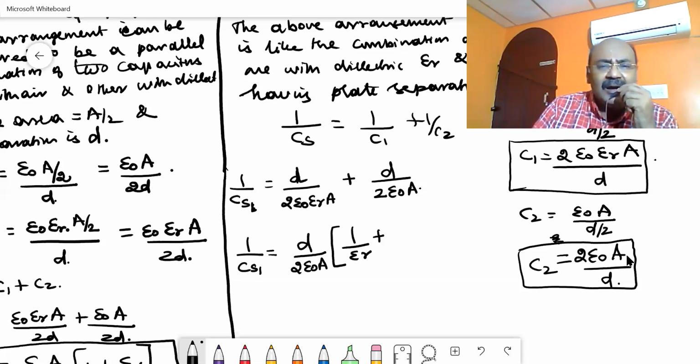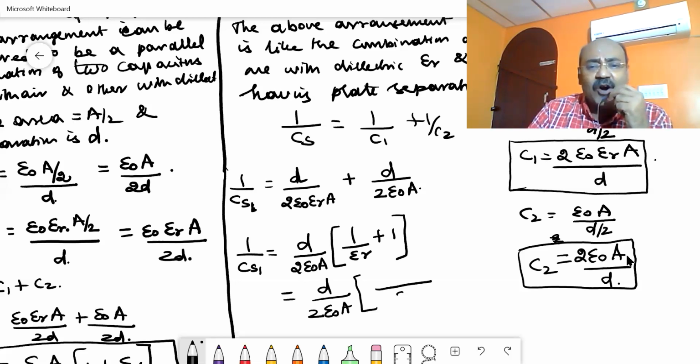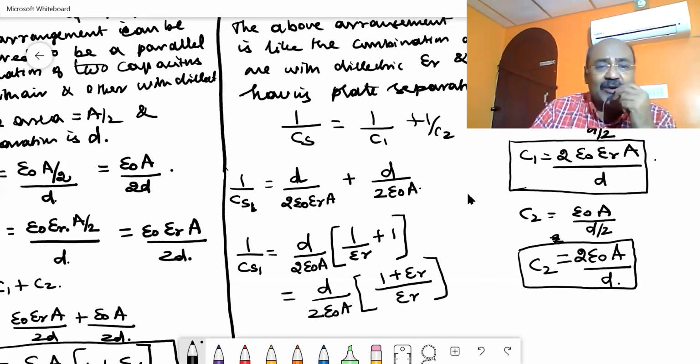Or taking epsilon R as common, LCM, I get in the numerator 1 plus epsilon R. So on further taking reciprocal, I can get the effective capacitance.